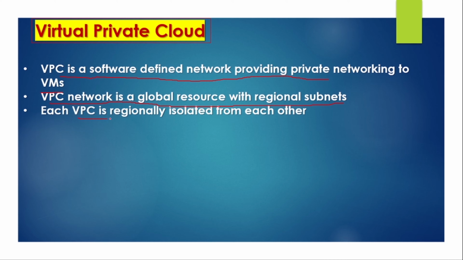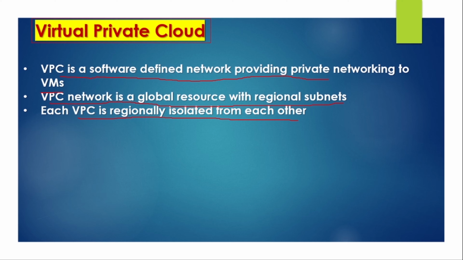Each VPC is isolated from the others, and this is one of the core requirements of a virtual private cloud. This means that one VPC cannot see resources deployed in another VPC, because each VPC is running in its own isolated environment.